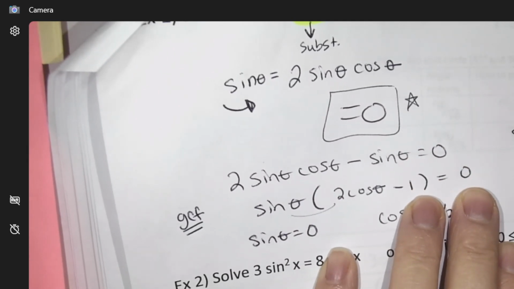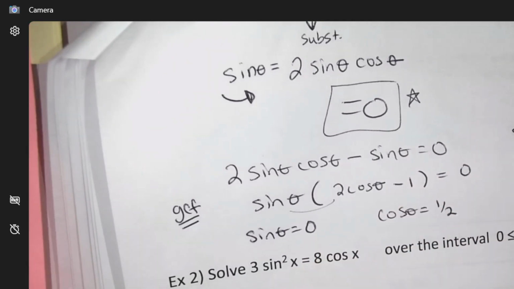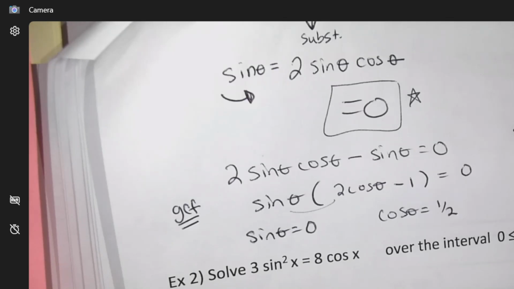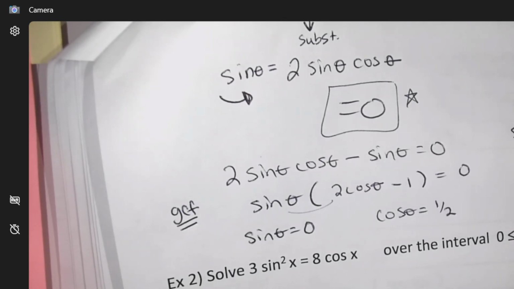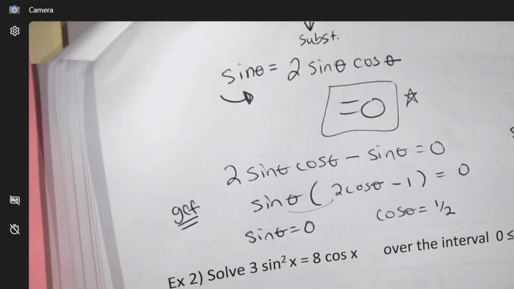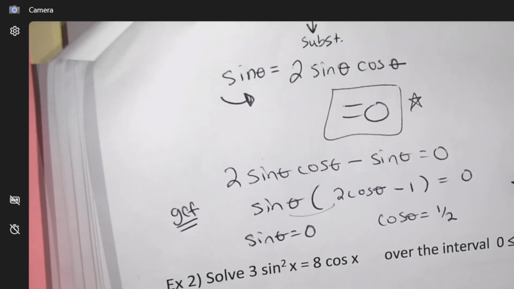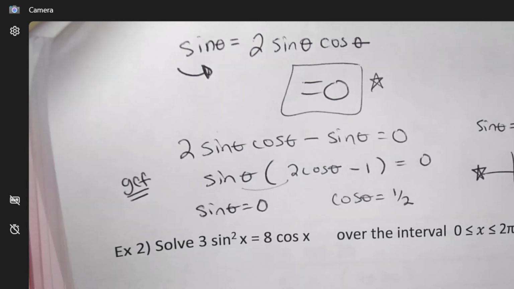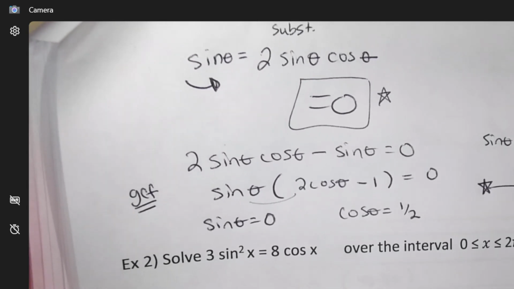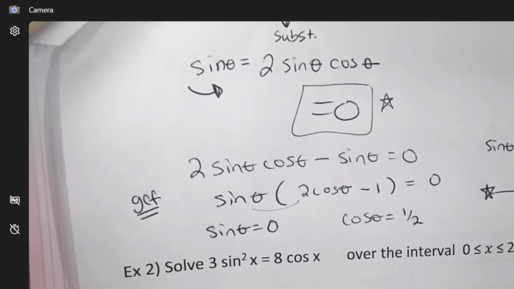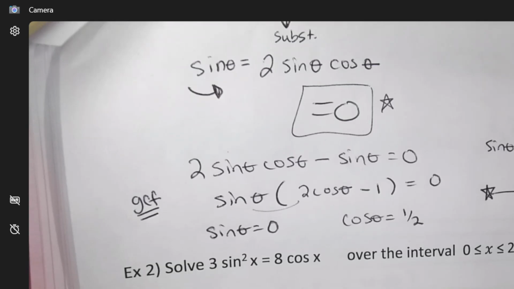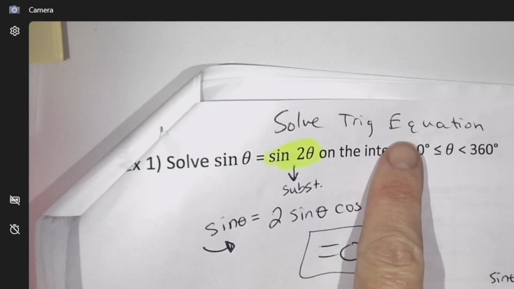Okay, so where does sine theta equal 0? So I'm looking for where are their heights of 0? Height, a y value of 0. So I found some spots where it's going to work. Let's go back to the top here.